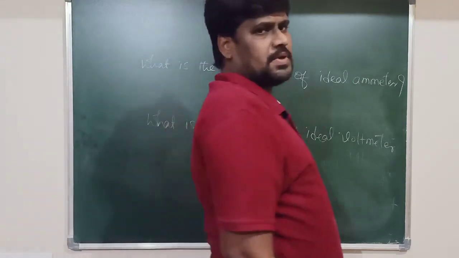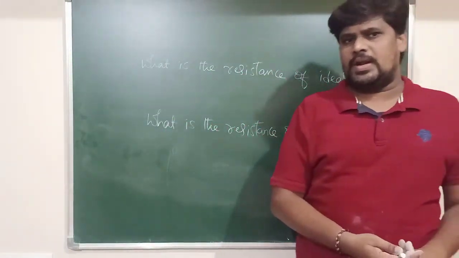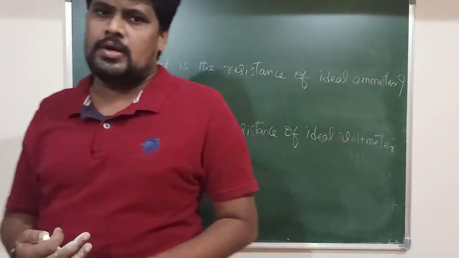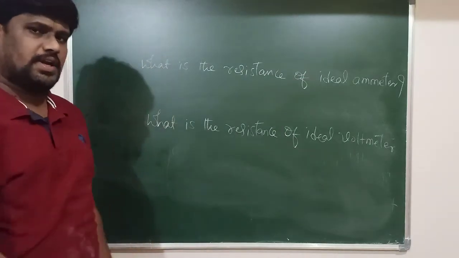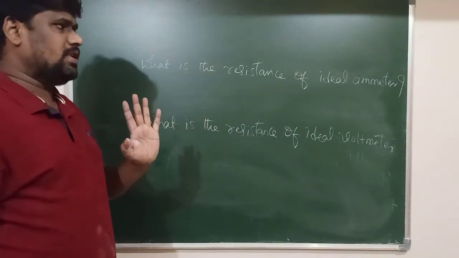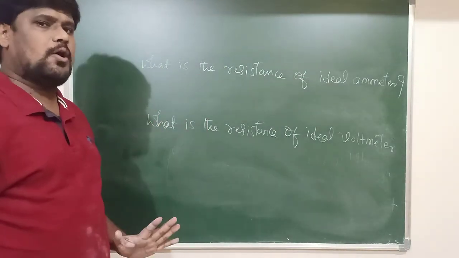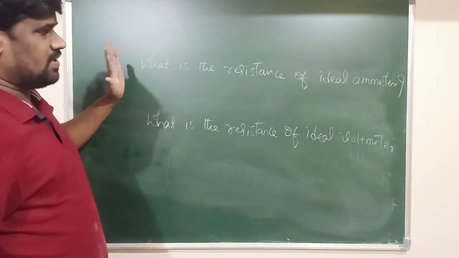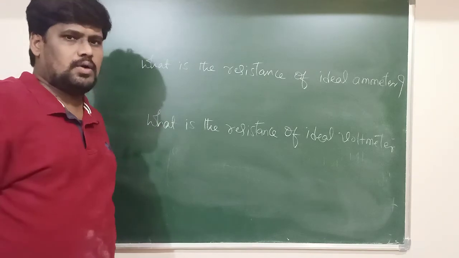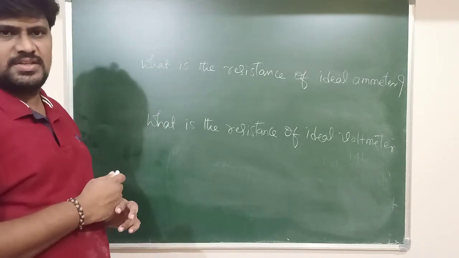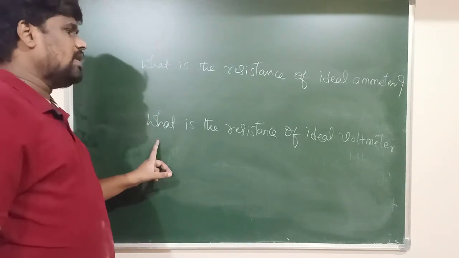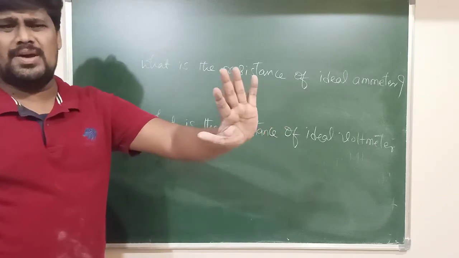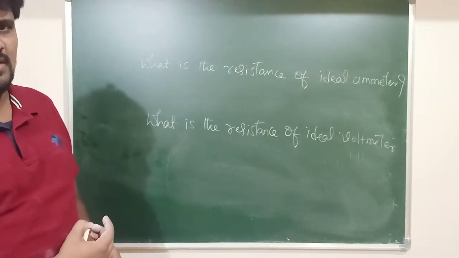In the concept of conversion of galvanometer into ammeter and galvanometer into voltmeter, I have made one point clear. A current measuring device should have the minimum resistance. A voltage measuring device should have the maximum resistance.